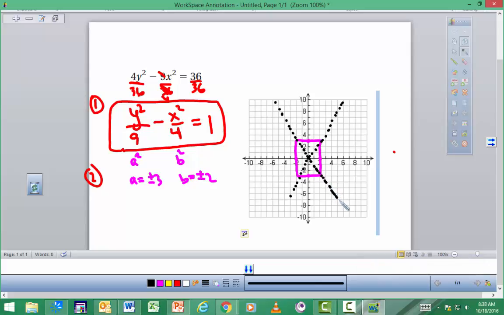Alright. And as you might imagine, there seem to be 4 places where the hyperbola could appear, 4 branches. But again, the only branches that appear are the ones that are on the transverse axis. This axis, the one that's positive, we would call the transverse axis.